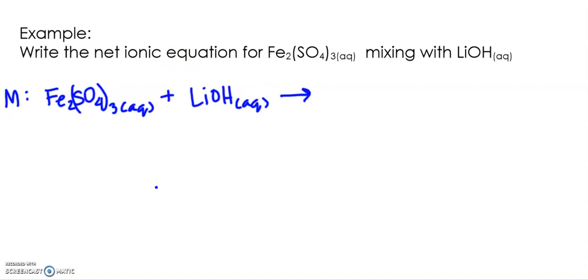It's a double replacement. So our iron is going to combine with our hydroxide, and it's iron plus 3, so I'm going to have Fe(OH)3. And I'm going to get lithium with sulfate. Lithium is plus 1, sulfate is minus 2, so we're going to get Li2SO4.